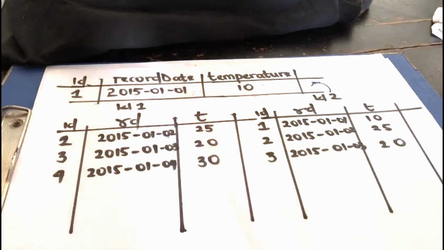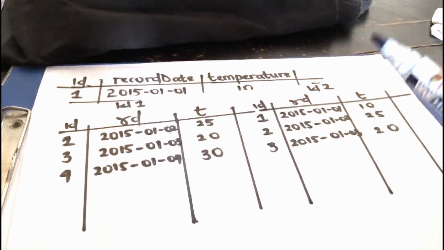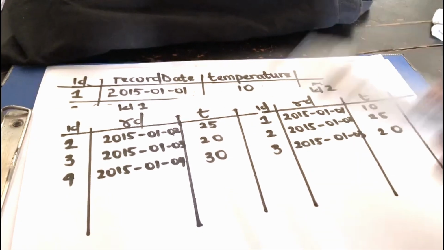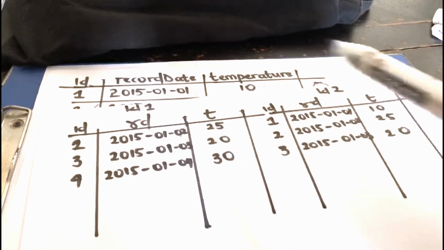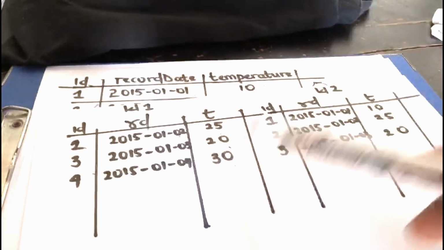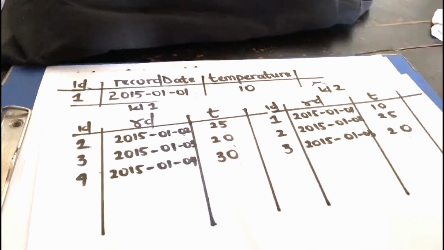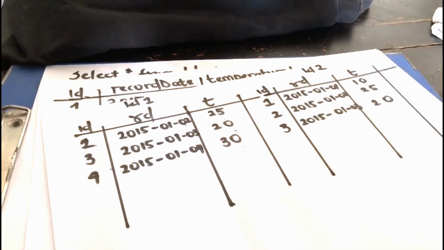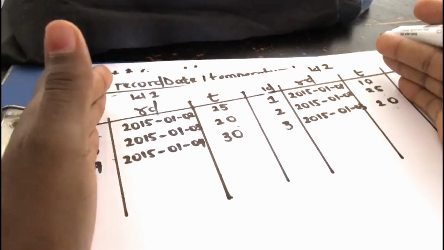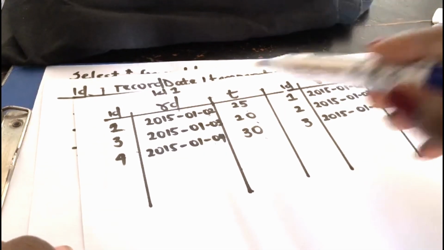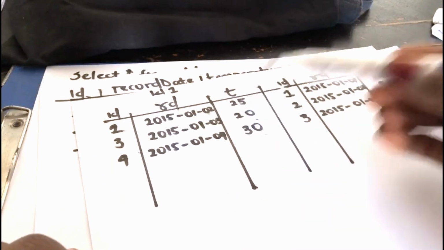So basically that's what our query does. We join the table. This is what our table looks like after we join the two tables to each other. So 25 is greater than 10, we return 2. 20 is not greater than 25, we don't return 3. 30 is greater than 20, and so on. So first of all, how SQL works is we have a table, then it creates a temp table and joins it. That's what we have here right now. And after it joins, it runs the where clause, where temperature 25 is greater than 10.